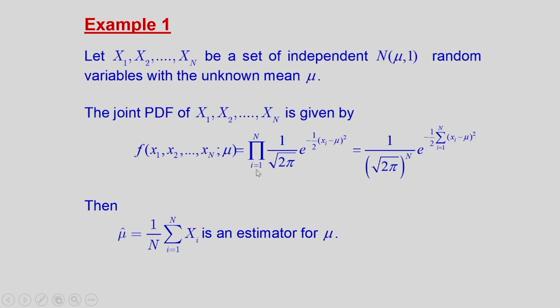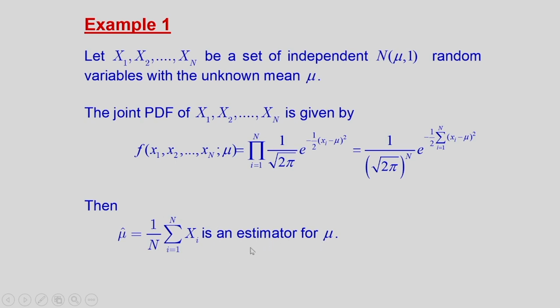So, that is the product, i going from 1 to n, of 1 by root over 2 pi e to the power minus half of (xi minus mu) whole square. Using the property of the exponential function, we can write it in terms of a sum. So, this is the joint PDF of the data, and here the unknown quantity is mu, and if we take mu hat equal to 1 by n summation xi, i equal to 1 to n, it is an estimator for mu.